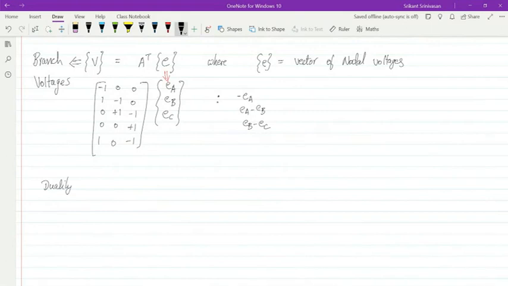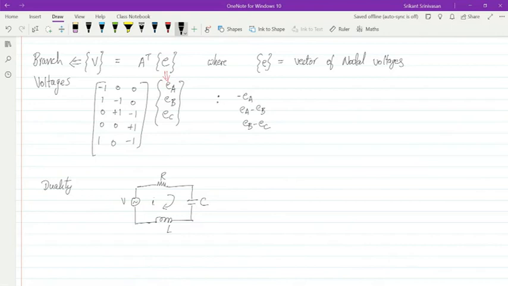But duality means that in any network, you're basically writing a set of equations. Supposing you have an RLC network, and you have some voltage, and there's some current. So you're applying some voltage and finding some current.